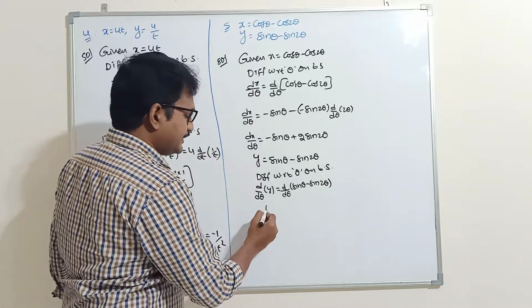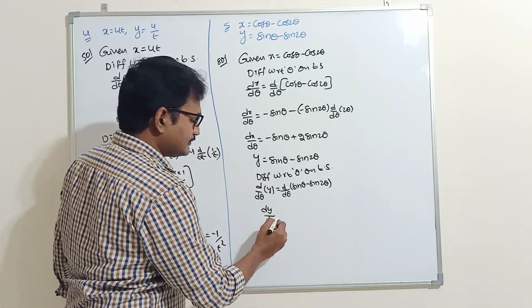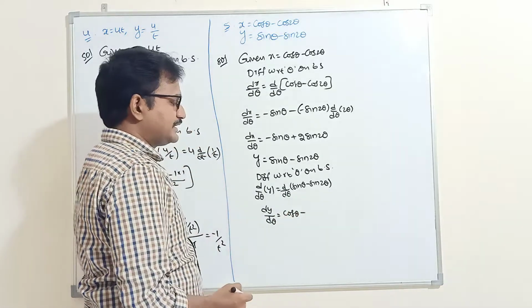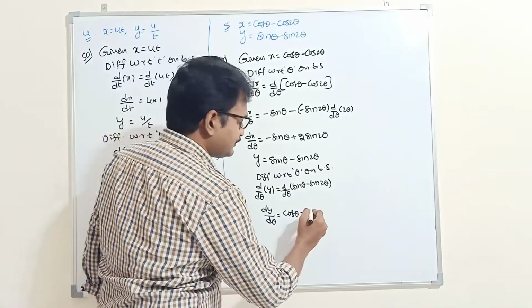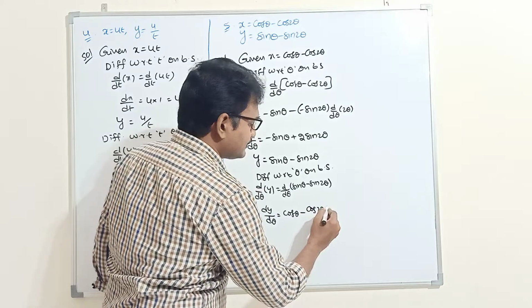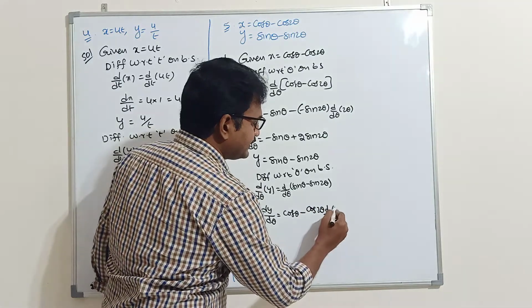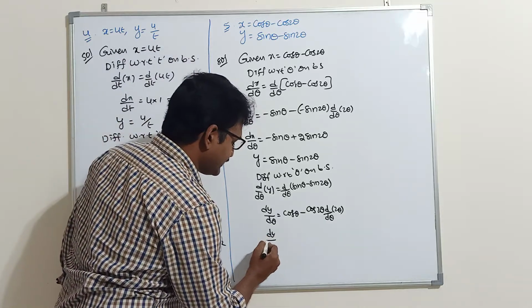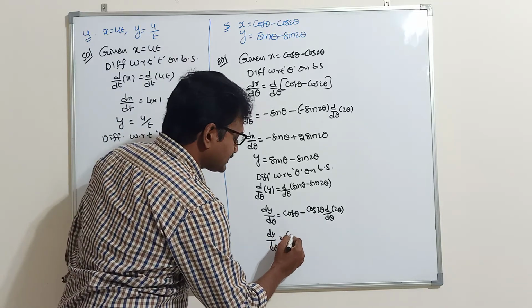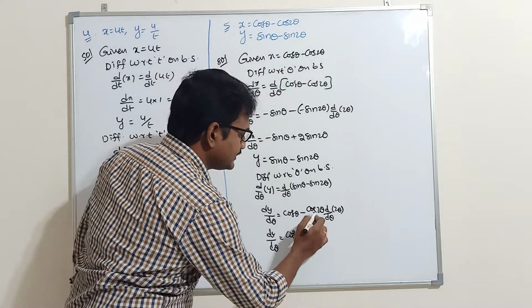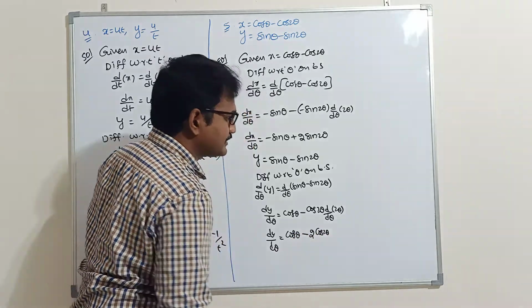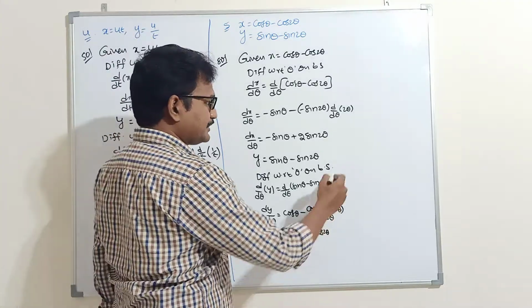So dy by d theta is equal to d by d theta of sin theta, which is cos theta, minus the derivative of sin 2 theta, which is cos 2 theta into d by d theta of 2 theta. Next, dy by d theta is equal to cos theta minus cos 2 theta into the derivative of 2 theta, which is 2.